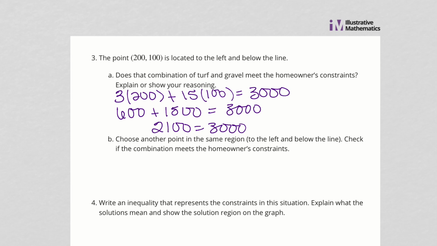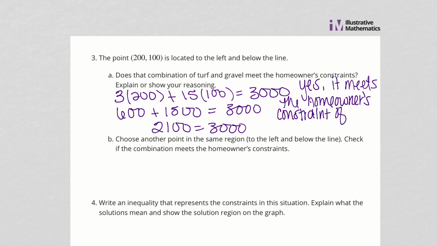So, yes, it meets the homeowner's constraint of $3,000 budget because it is less. Choose another point in the same region to the left and below the line.